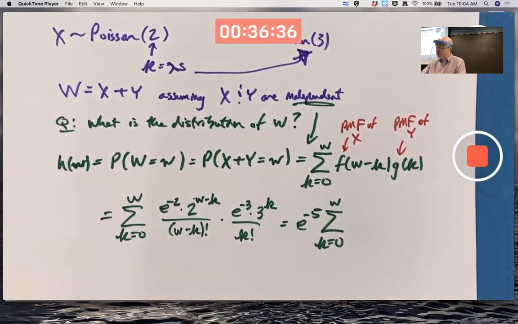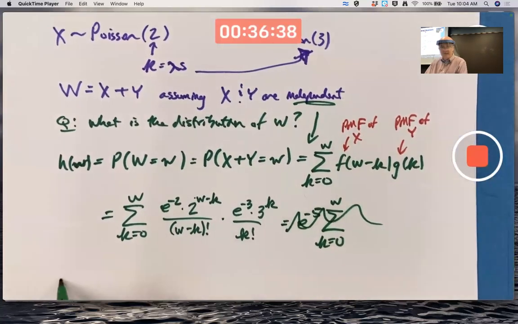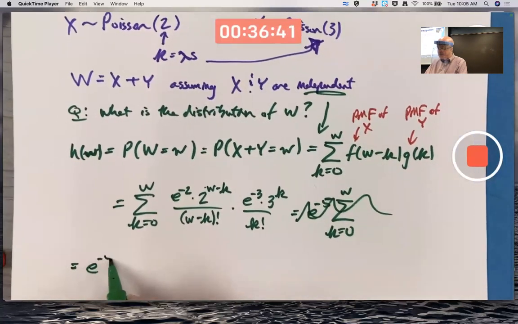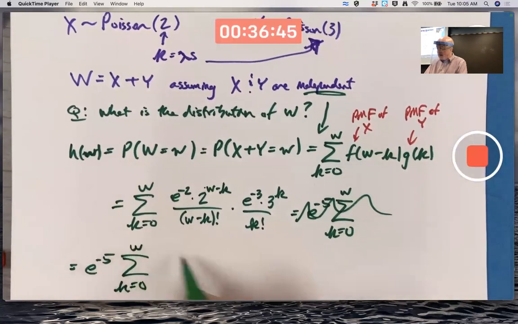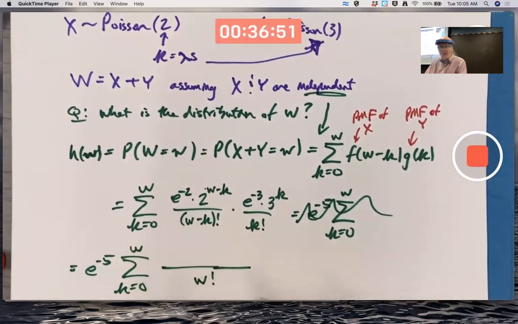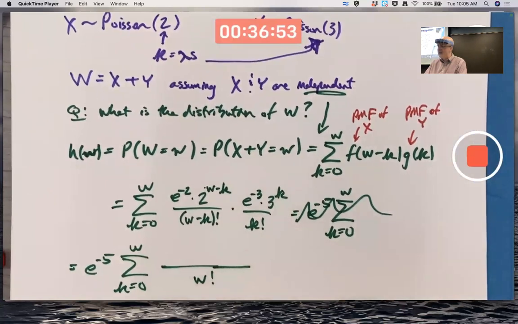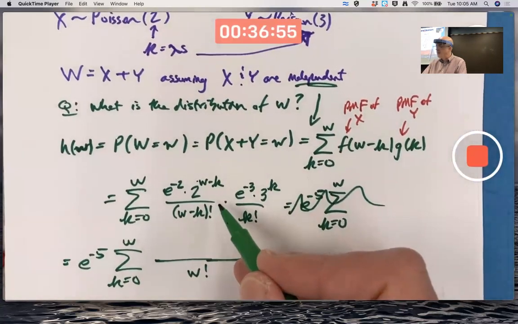And I'm realizing I don't have enough space. I could make this be a W factorial on the bottom. How? By multiplying this fraction by an appropriate form of 1. What's the appropriate form of 1?